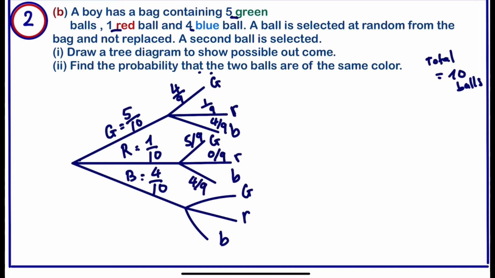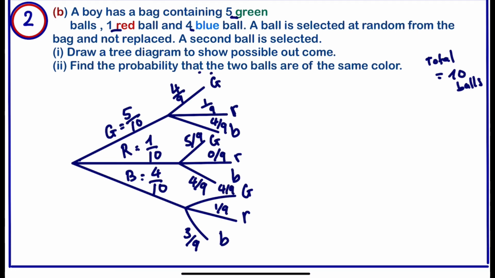Okay, lastly, if we select the white, we'll be left with 3 over 9. The red will remain the same as 1 over 9, and the green will be 4 over 9.